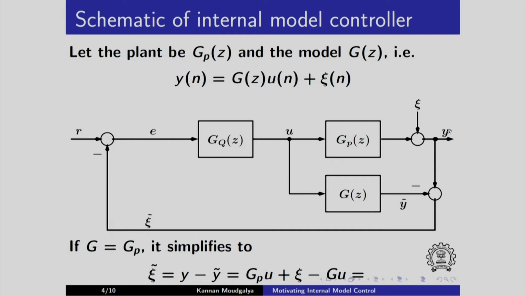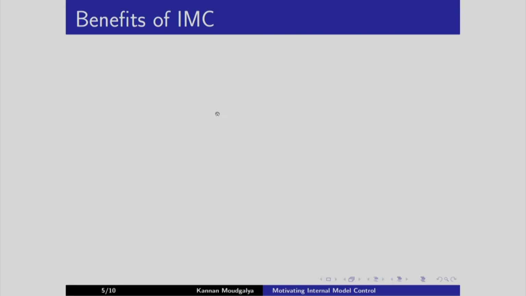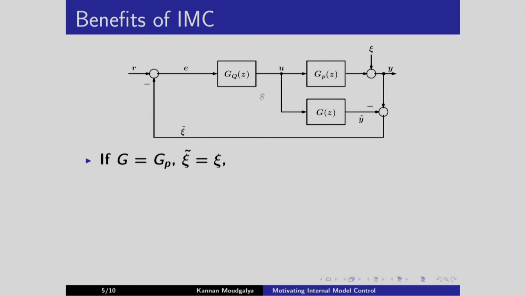GPU plus C is Y minus Y tilde, which is nothing but G times U. If G is equal to GP, then it becomes C. What are the benefits of IMC? So this is what we saw in the previous slide. If G equals GP, what we feed back is exactly C. That is, only the noise is fed back.